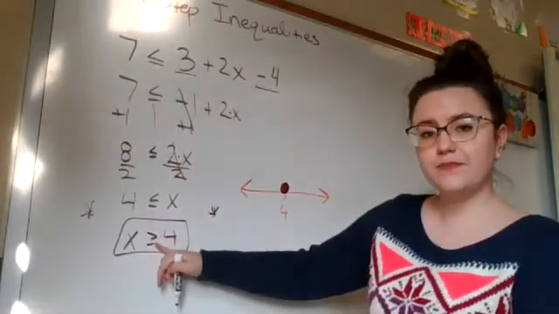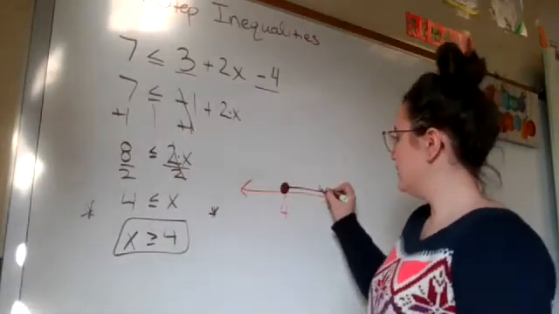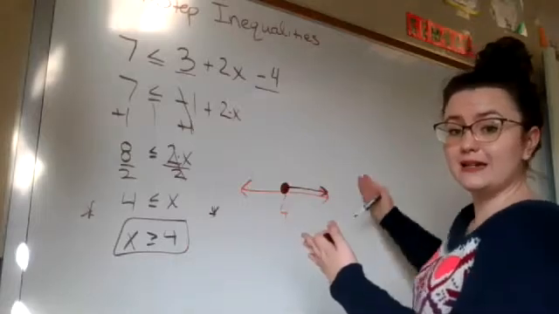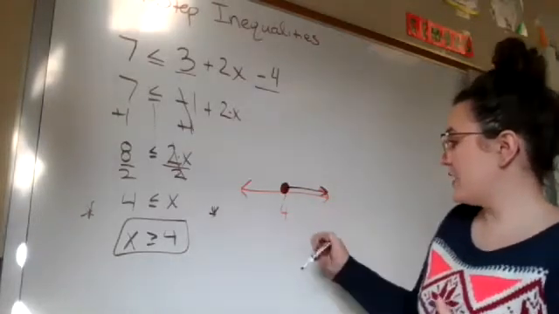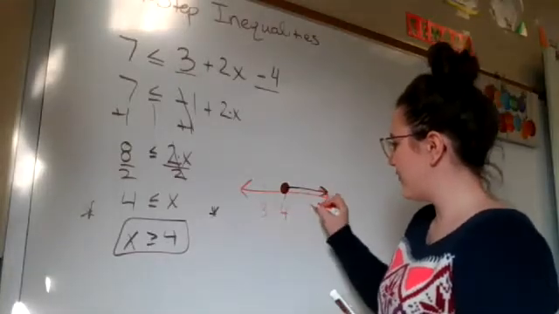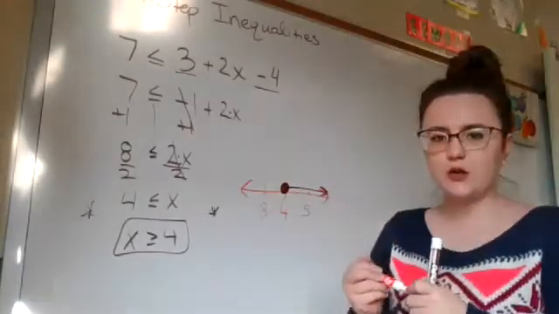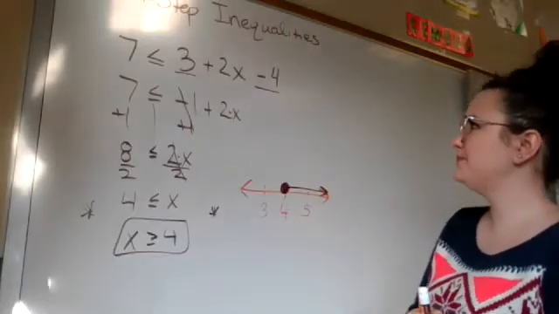Greater than 4. So numbers that are greater on the number line are to the right. The further right I go, the bigger my numbers are getting. So x is greater than 4. And we could put other numbers on our number line if we wanted to, 3, 4, 5, if you wanted to. But the main thing is it's a closed circle shaded to the right.